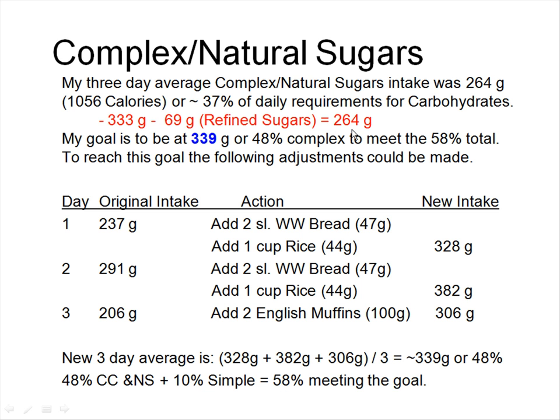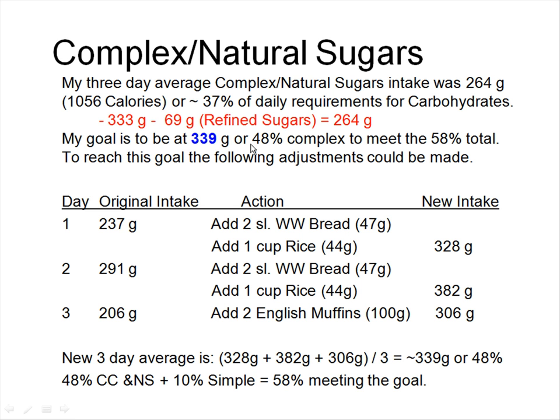Where I'm at right now is 264 grams, which is only 37% complex natural sugars. So we need to be at 48% because our simple were 10, and then 48 plus 10 will give us 58%. So what I determined was that to reach 48% has to be 339 grams.